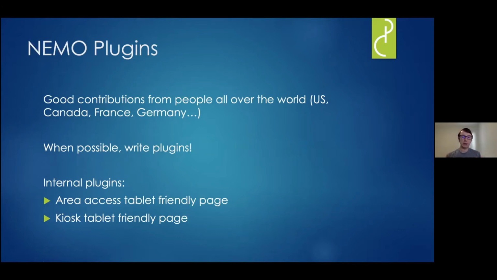It is really the best way to implement your own version is to make a branch and start your own. But really, as much as possible, we like to write plugins when it's convenient, when it works with it. Now, when is that really?